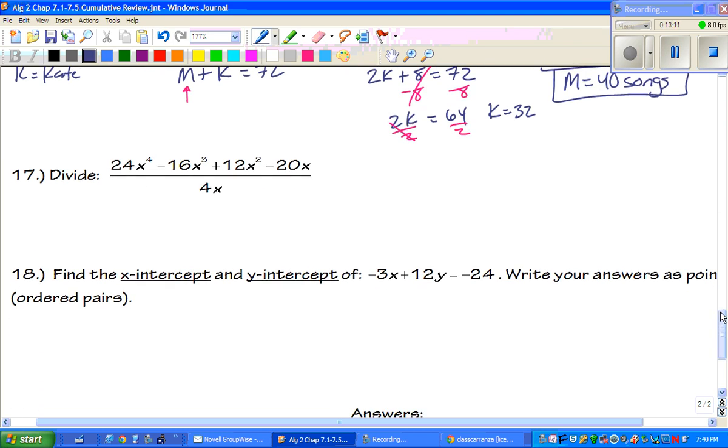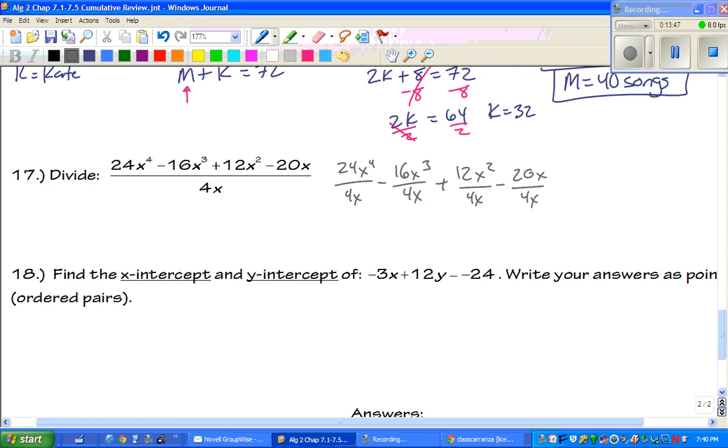Okay, number 17 says to divide. Now we can't use synthetic division because it's a monomial. So when we set this up, we're going to break down each one. So 24x to the 4th divided by 4x, 16x cubed divided by 4x, 12x squared divided by 4x, and the 20x divided by 4x.